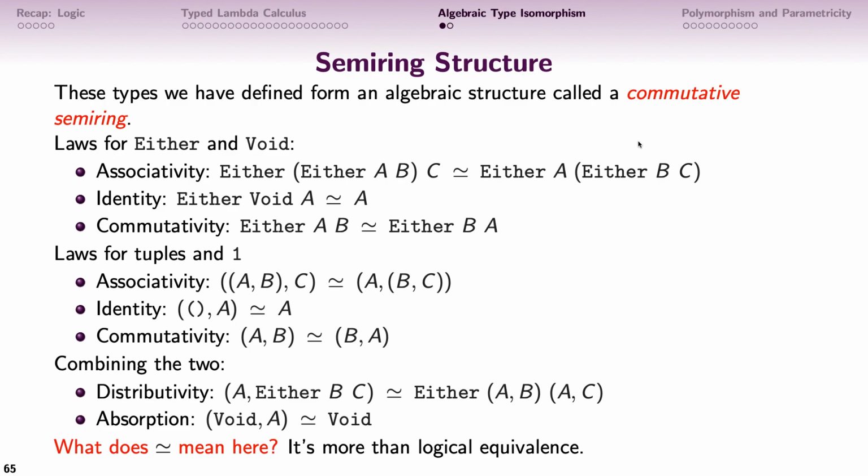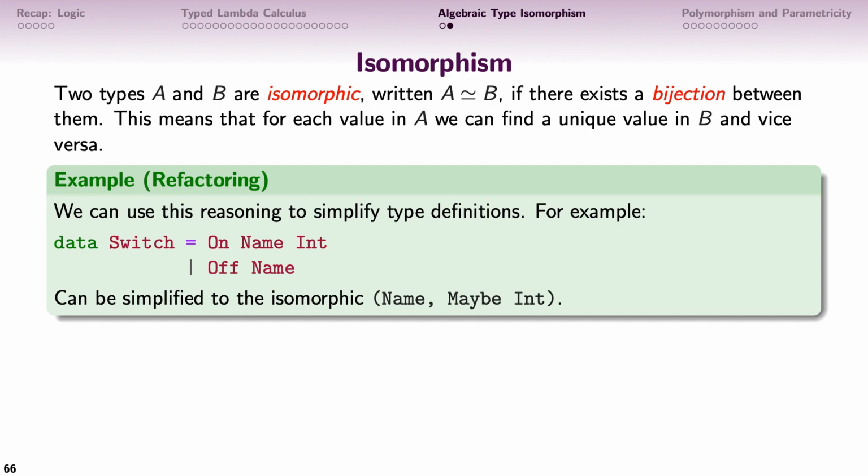In other words, this has a bijection between the two types. For every value of one, I can provide a unique value of the other, okay? And that's what this equivalence means. And what this equivalence is called is type isomorphism, okay? So two types are isomorphic if there exists a bijection between them. So for each value in A, we can find a unique value in B, and vice versa.